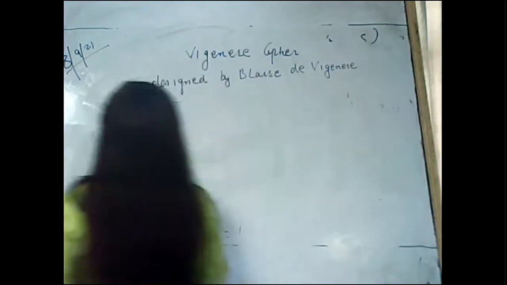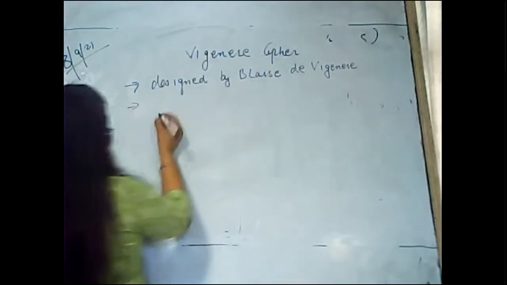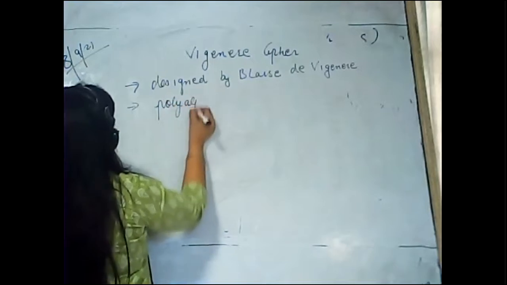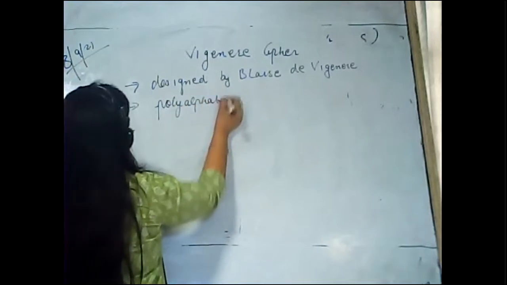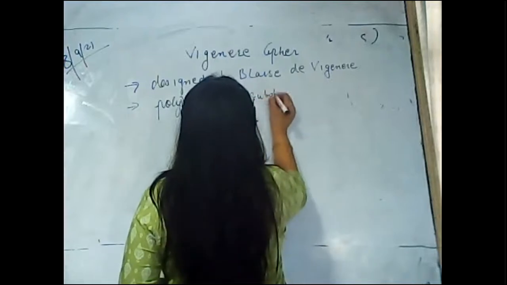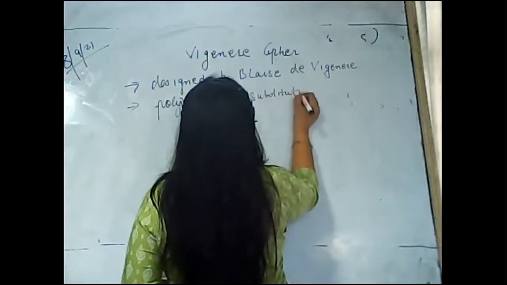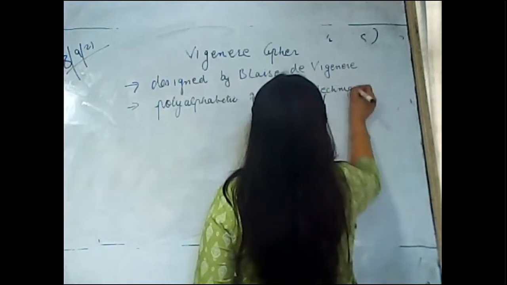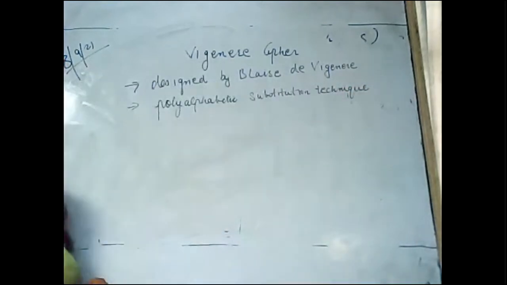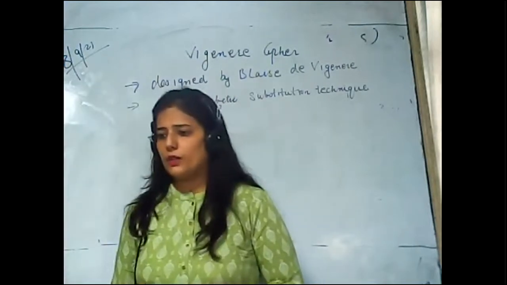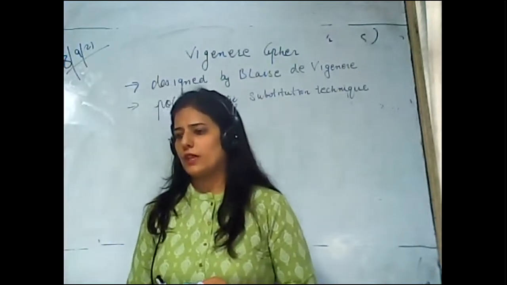This type of algorithm is a polyalphabetic substitution technique. So the Vigenere cipher algorithm is basically a substitution algorithm, but what type of substitution algorithm is this?